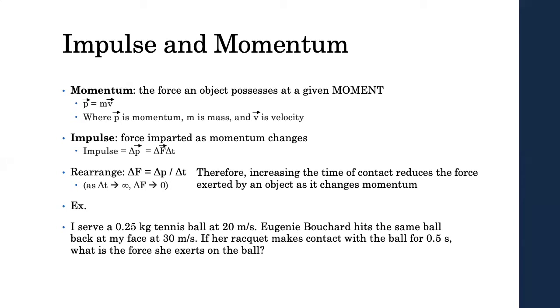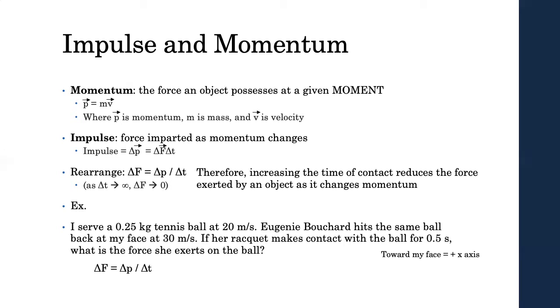And as always, when you're starting a question with vectors, what's the first thing you do? That's a good way to start. So we can say that towards my face is the positive x-axis. I'll put down the equation for change in force. The force she exerts on the ball you're trying to find. What's the change in speed? Ball, yeah.